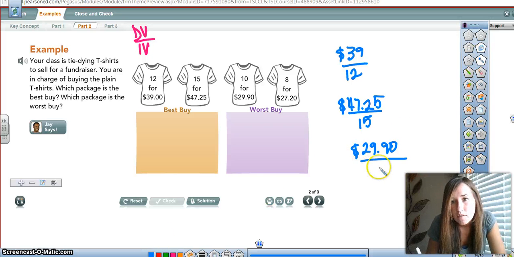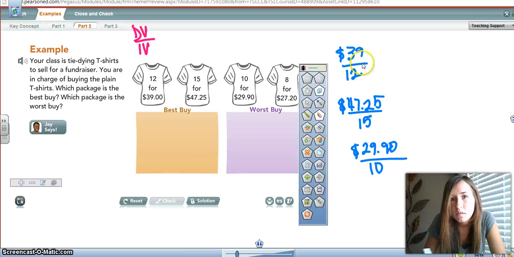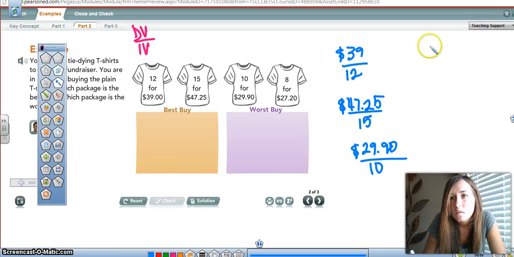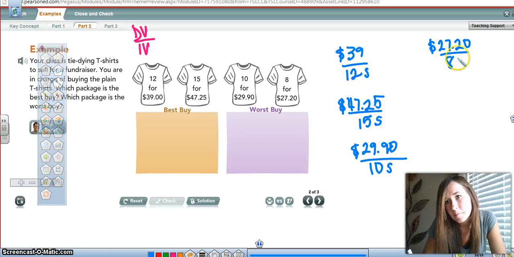So let's get each of our rates. Okay, and I'm just gonna put an S for shirts since I didn't put my label there.